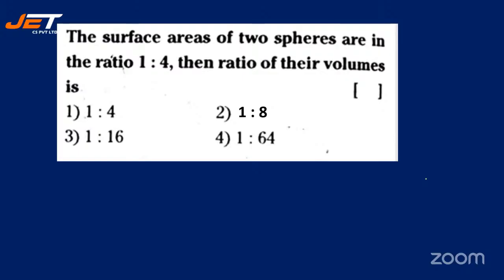The surface areas of two spheres are in the ratio of 1:4. Then the ratio of their volumes is what? So they have given the surface area of the sphere, right? Surface area of the sphere is 4 pi r square. So the total surface area of the sphere is equal to 4 pi r square.